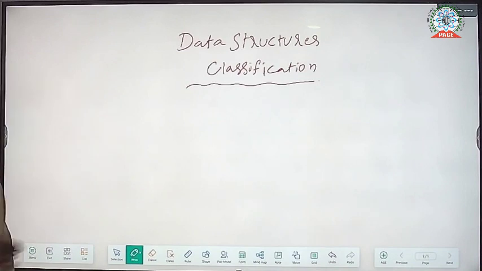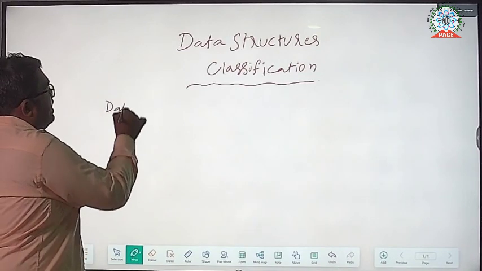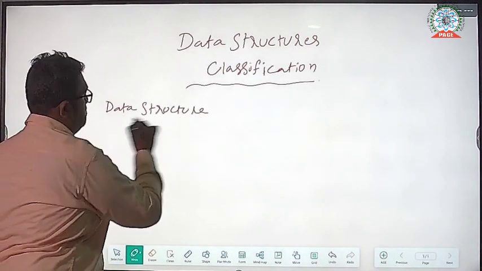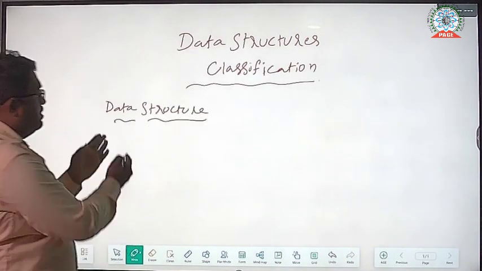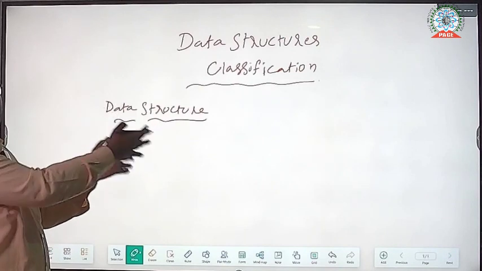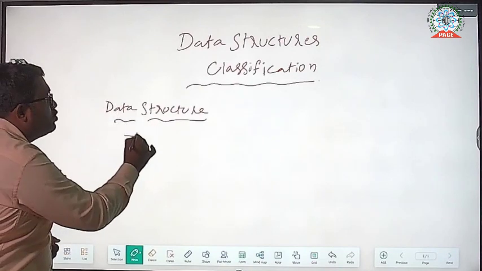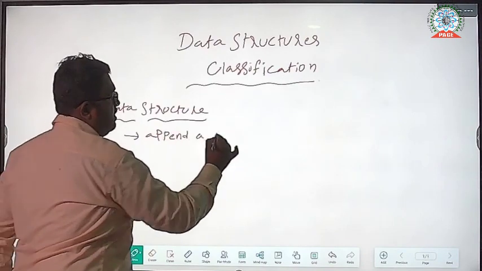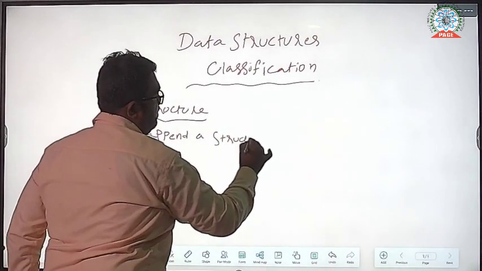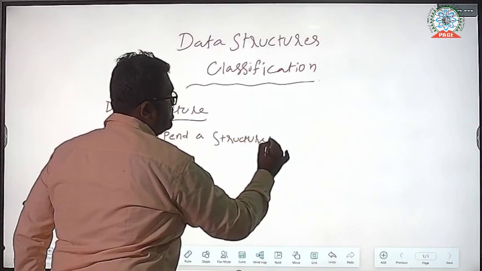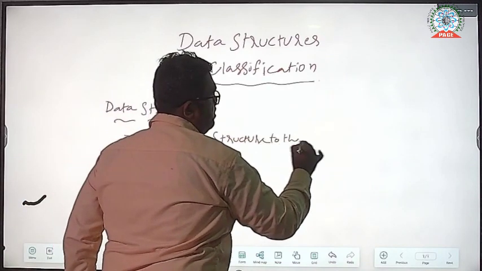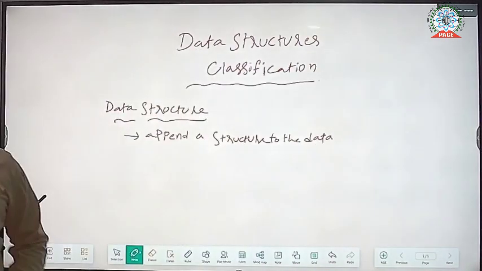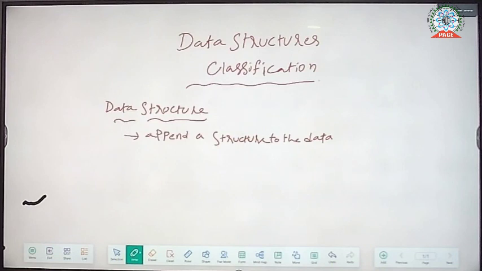Here, the name itself indicates data structure. Data structure in the sense we are going to append a structure to the data. That means we have data, and the data has to be arranged.